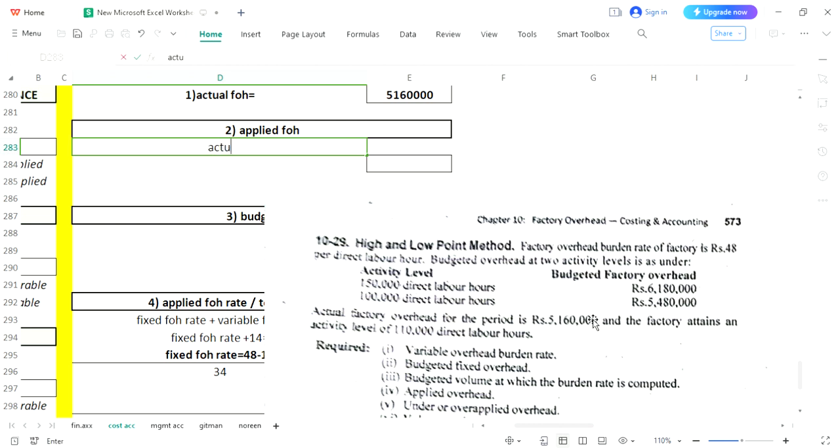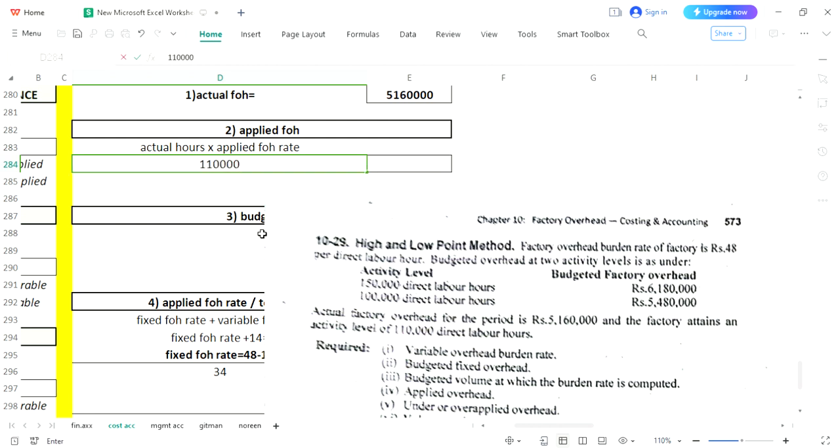Actual hours are multiplied by the applied FH rate, with which you will be able to calculate your applied FH. Actual hours, look over here, and the factory attains an activity level. The very first word of this paragraph is actual. So both 51 and 110 are actual. 110 are hours, so we have found actual hours as 110,000.